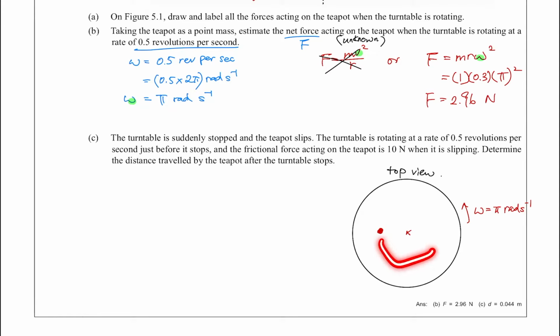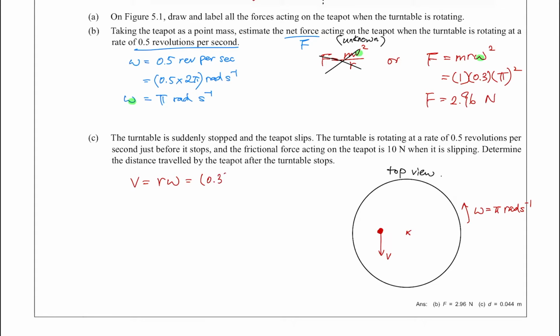So at the same time, the teapot, because it's fixed to the turntable, it would also turn in this direction. But if we look at this moment, when the teapot is here, the linear speed of the teapot would be along this direction.